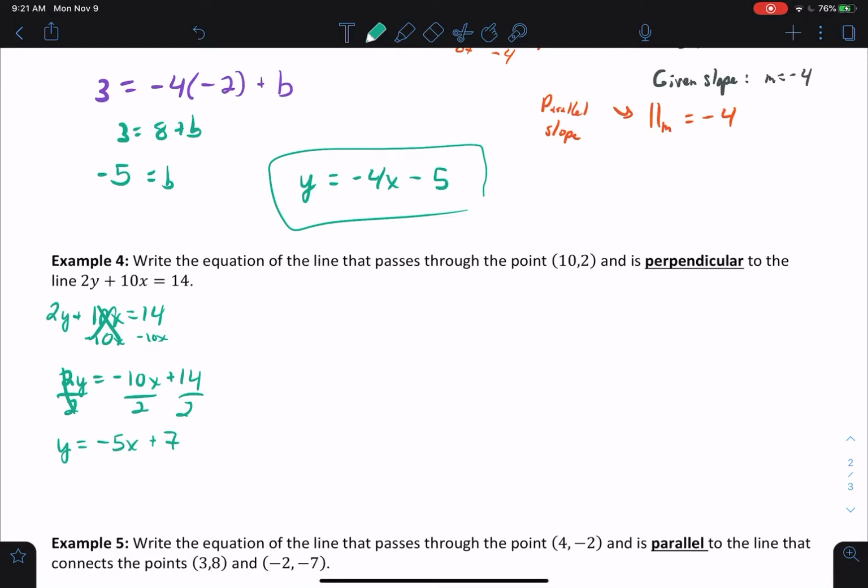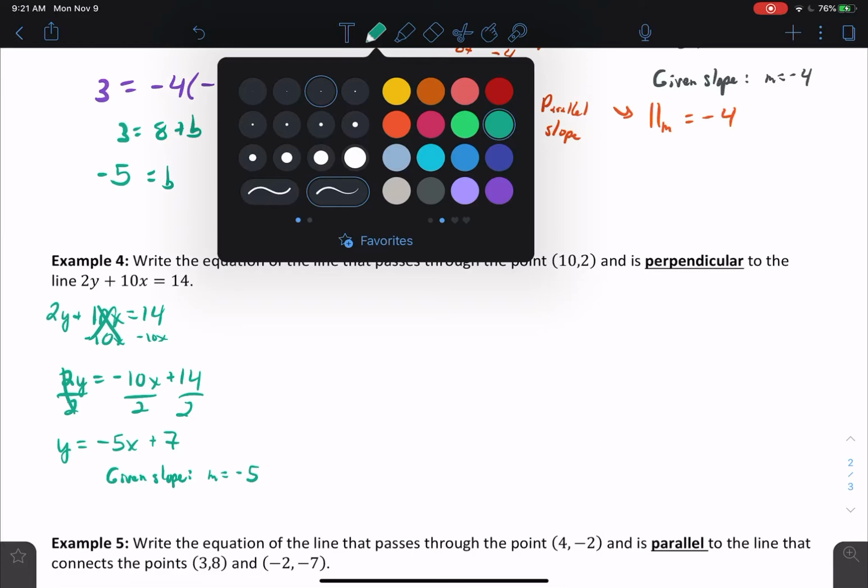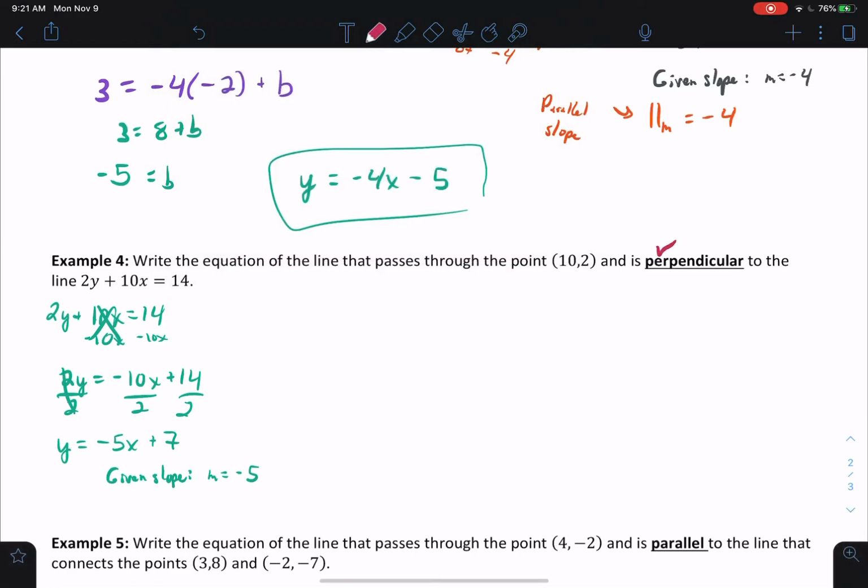So the given slope is m equals -5. And if my new line needs to be perpendicular to my given line, what is the perpendicular slope?